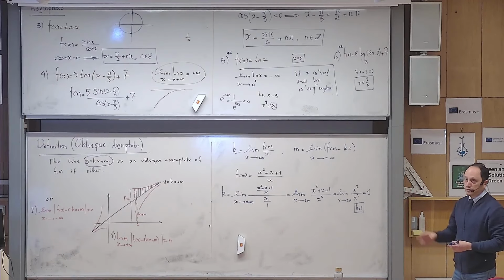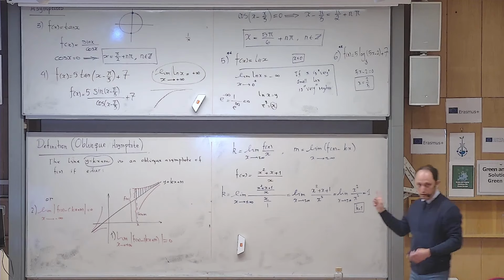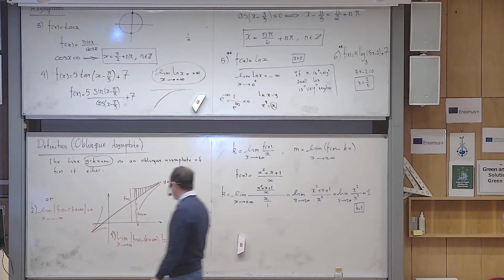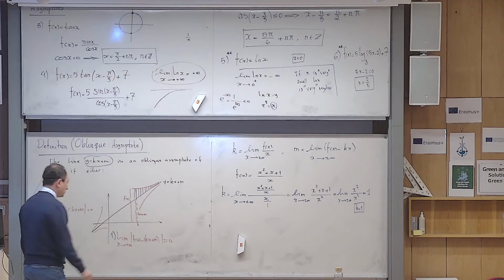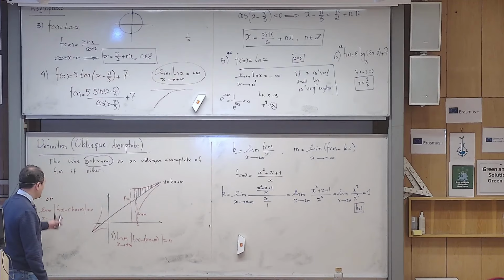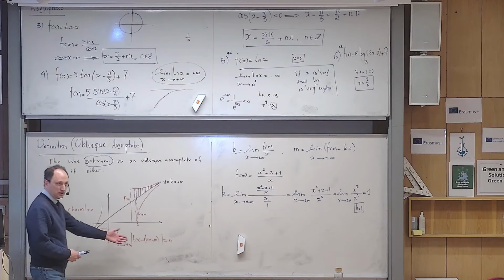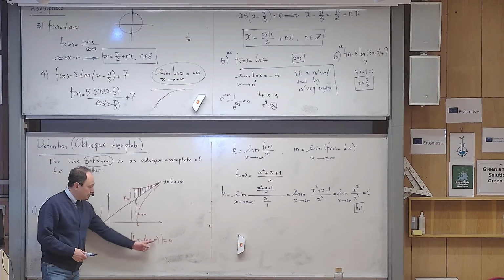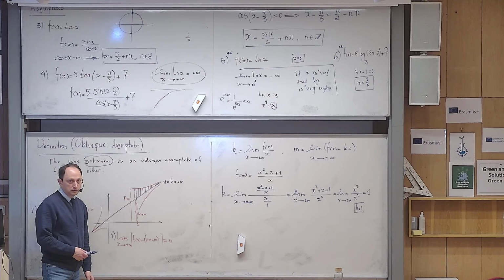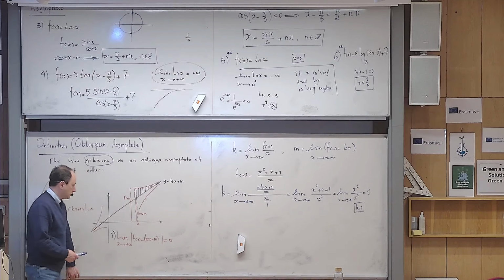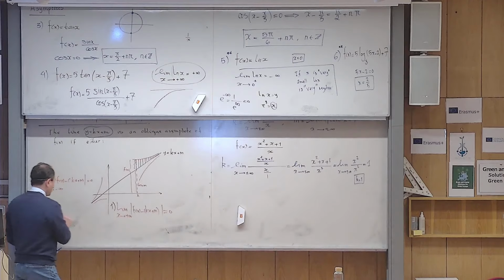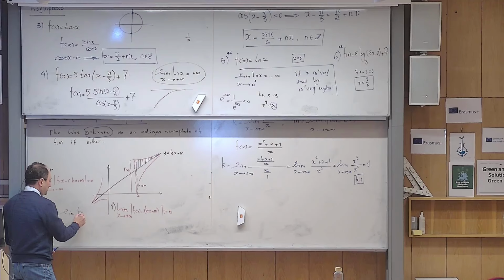I haven't justified why the formulas work. I have just defined this formula, the meaning of an oblique asymptote. By the way, it's not hard to see. If I divide everything by x, what happens? Because that's the definition. If I divide everything by x, this becomes the limit of f of x over x minus k plus m over x, as x goes to infinity.